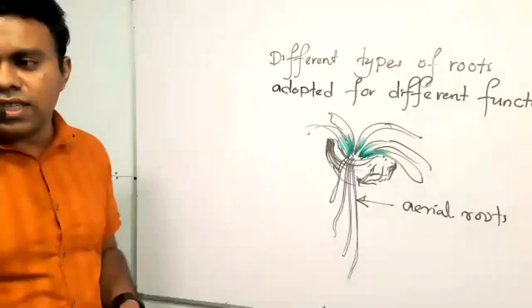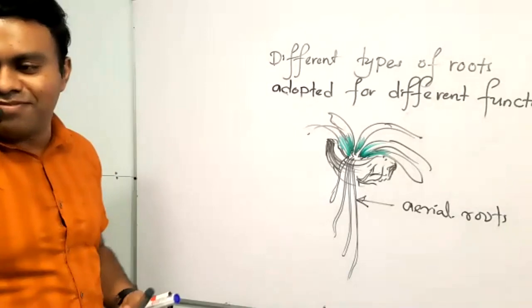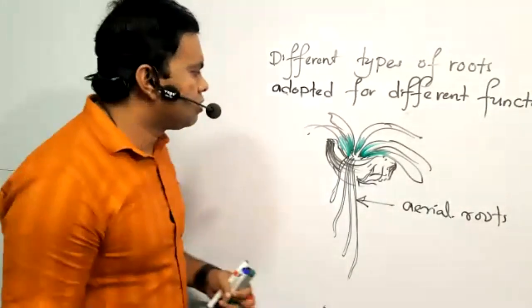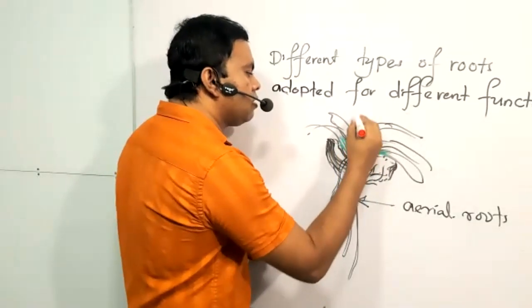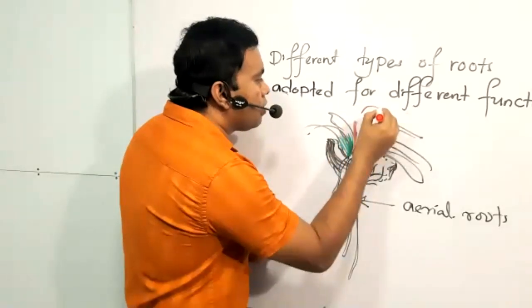Sir, should we draw this? Yes, draw it as you can. This is an orchid flower. Yes.